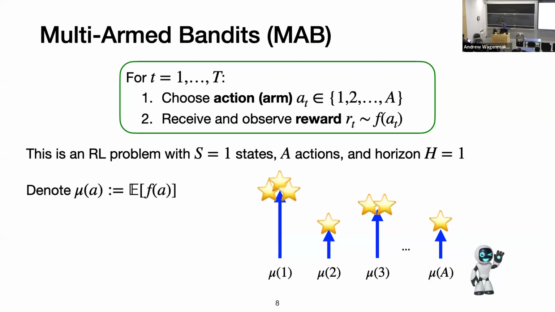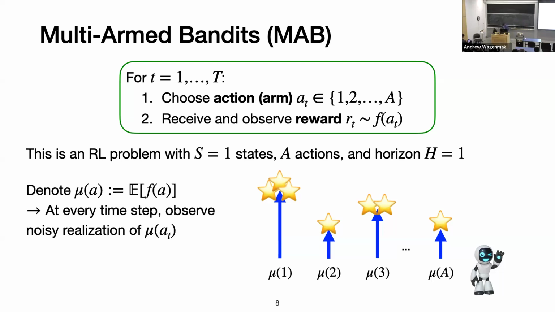Now, to make this slightly more challenging, we assume that when we get a reward, we don't get an observation of the exact reward, but we get a noisy observation of the reward. So say when I choose action A, the reward is distributed in some distribution f of A, and I'll denote mu of A to be the mean of the reward.